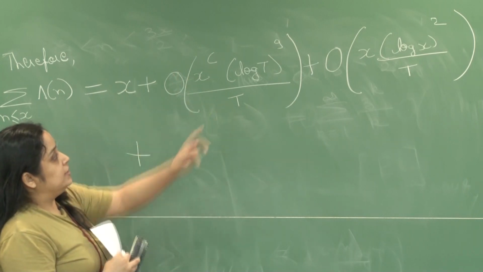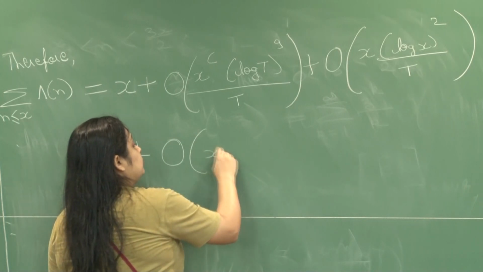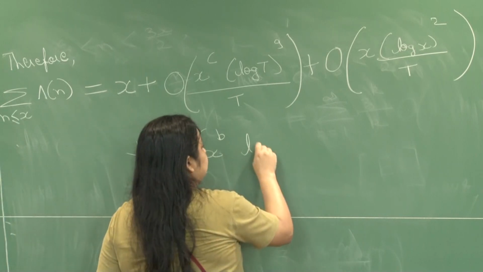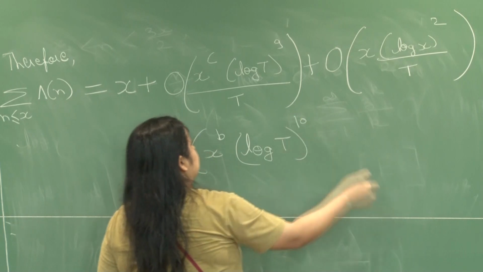So you are just left with O of x raised to the b times (log T) raised to the 10.